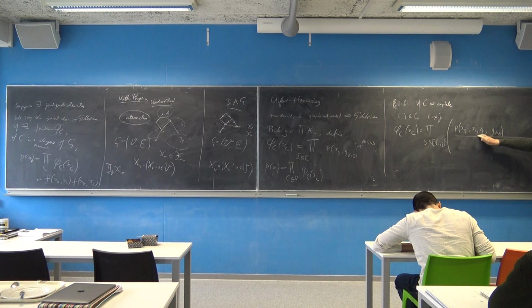Here I've taken two elements out of S, so this has the same sign as it did before. And here I've taken both out: x_S, y_I, y_J, y_{V minus S} together with I and J.